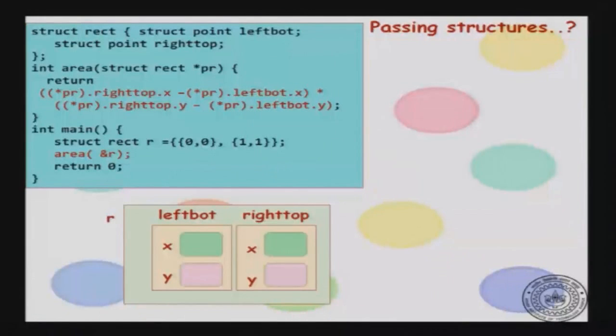Now, regardless of the size of the structure, only one pointer is copied. The same principle goes for returning structures as well. When you return a structure from a function, you would return a pointer to that structure. Of course, now the structure has to be allocated on the heap rather than the stack.